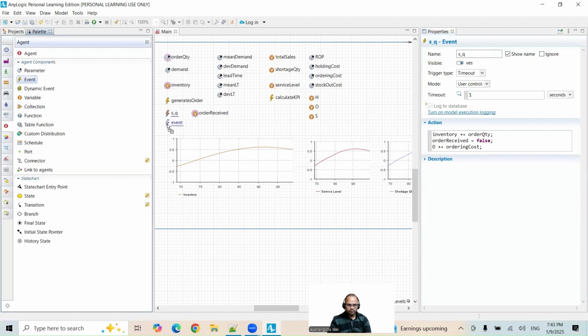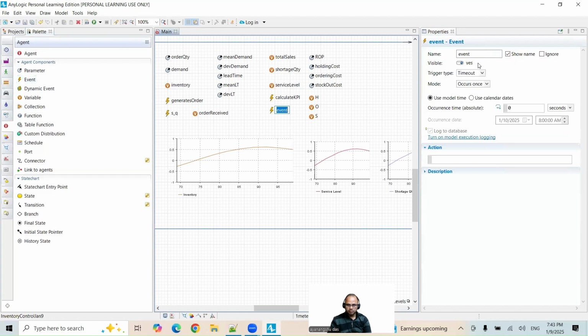So we'll have another event to calculate the stock out cost, so that it calculates stock out.